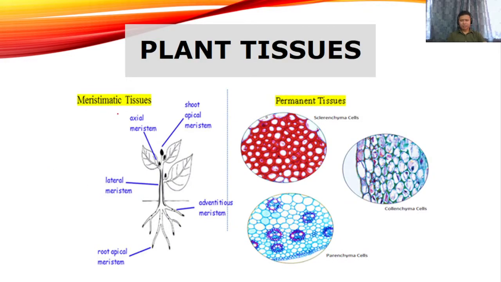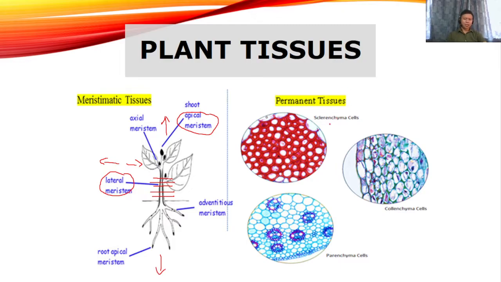So for the meristematic tissues, we have the apical meristem for the upward and the downward growth. Next, we have the internode of the intercalary meristem for the growth of plants in between. And the lateral meristem is for the sideward growth of the plants.